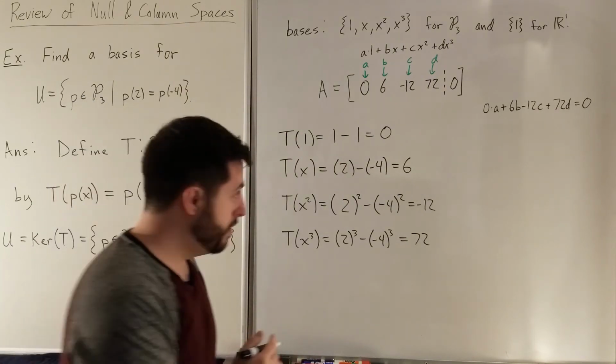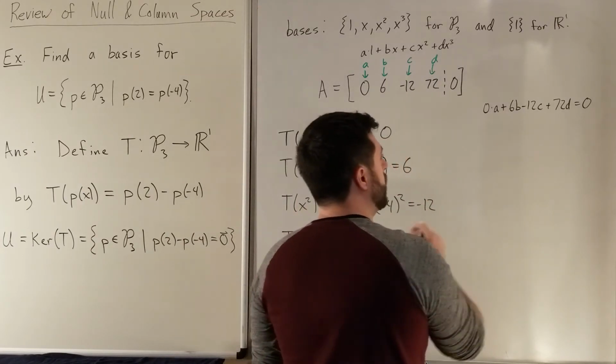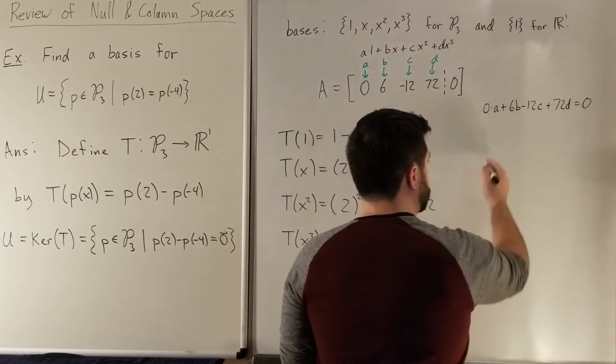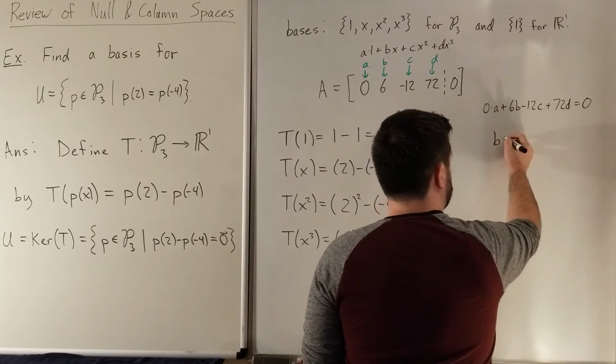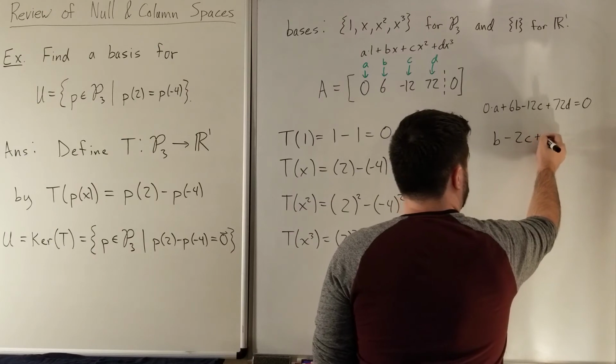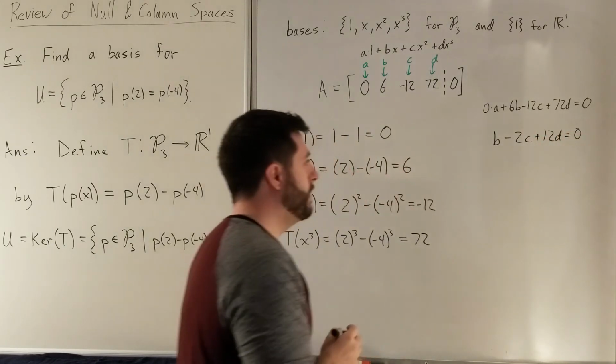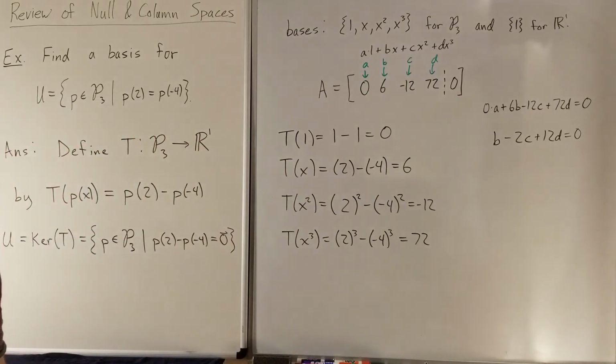Okay, so we can get rid of some stuff here. We don't need to write A times 0, and we can divide everything by 6. So we know that B minus 2C plus 12D must be 0.